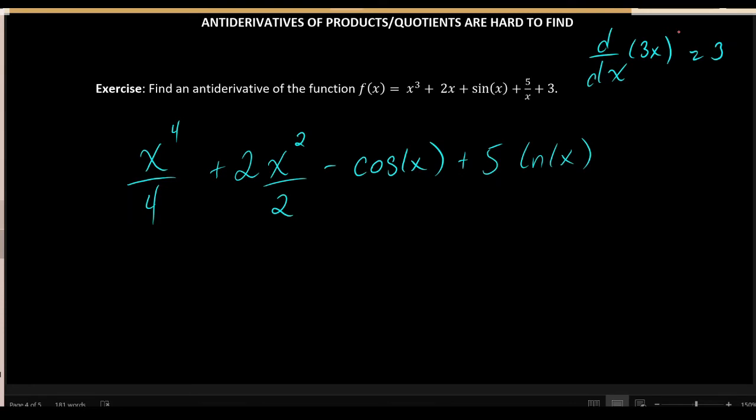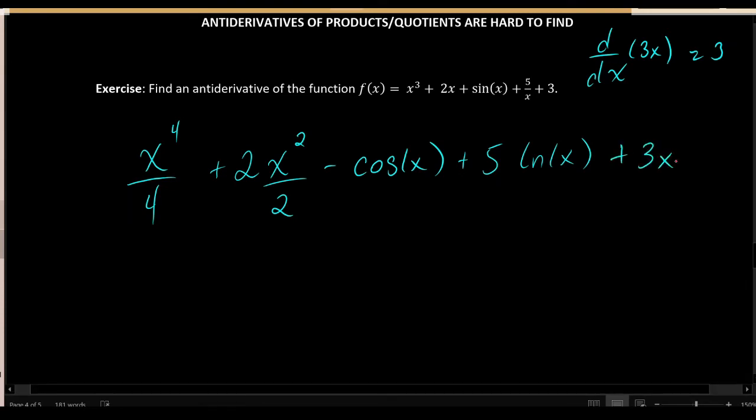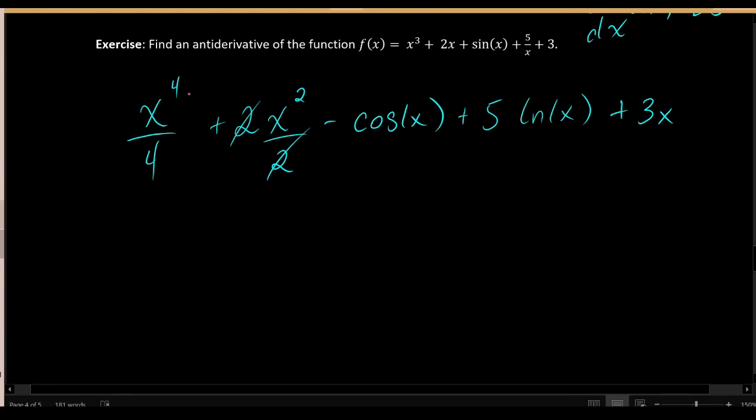Therefore, the antiderivative of 3 is equal to 3x. That's probably how I would think about it. So, after just a little bit of simplification, we have concluded that an antiderivative of this function is given by x to the 4th power over 4 plus x squared minus cosine plus 5 natural log plus 3x.